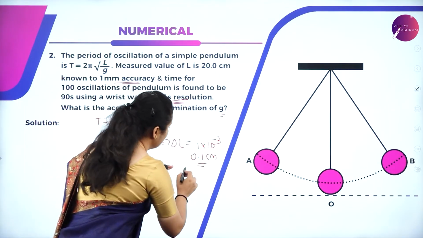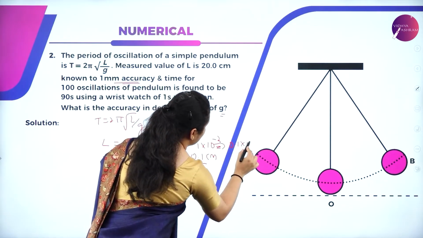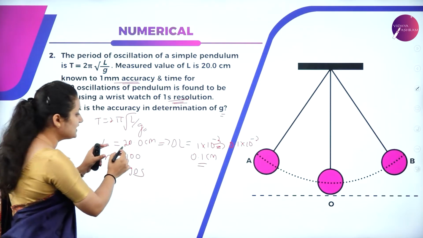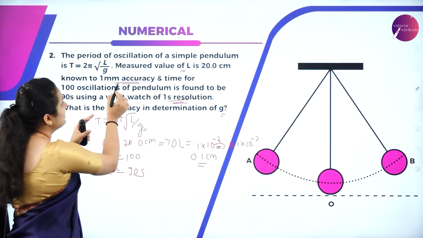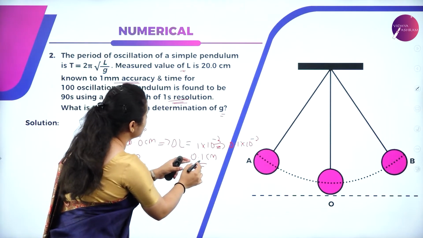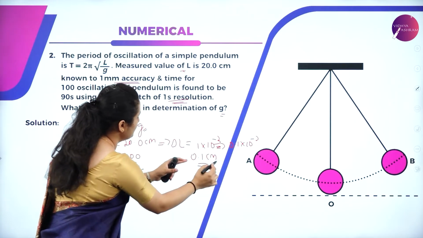So, when you shift one more 0, it will be 0.1 into 10 to the power minus 2. Minus 2 is for centimeter. Since length is given in terms of centimeter, and this length has 1 millimeter accuracy, that means my delta L here is 0.1 centimeter. From millimeter, I have made a conversion to centimeter.